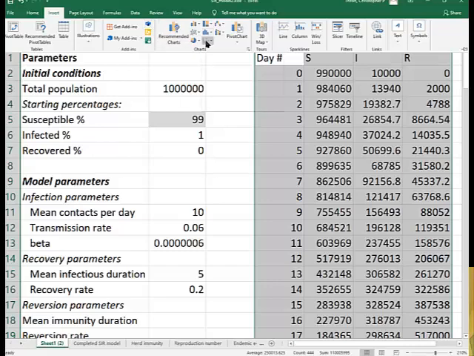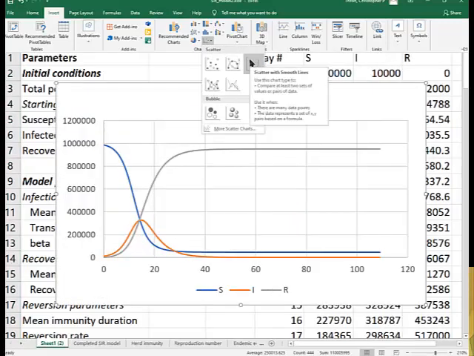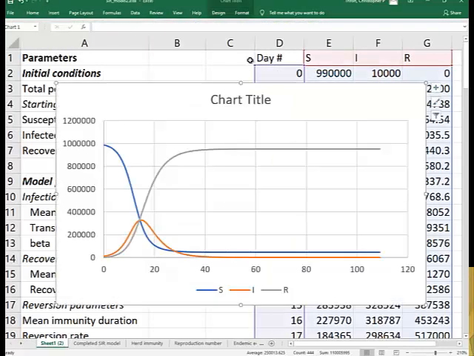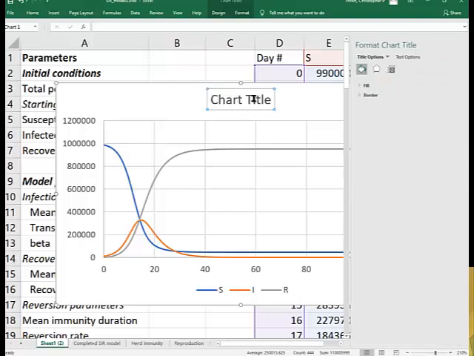Now the plot I want to insert is called scatter because the first column, days, is plotted against the other three. So let's do this one here. And you can see this very nice curve here for the S, I, and R. And here I can say SIR model here.